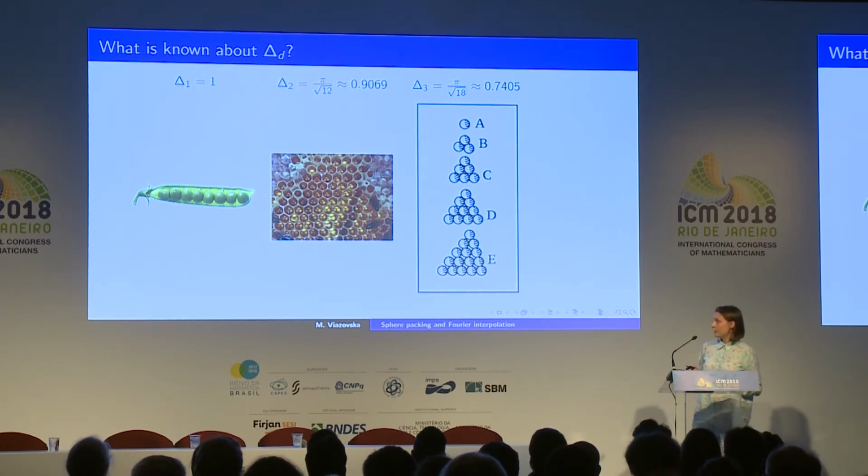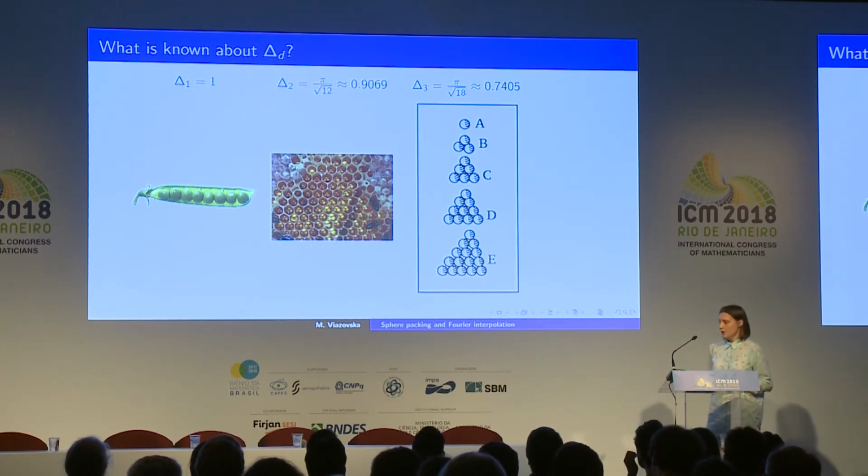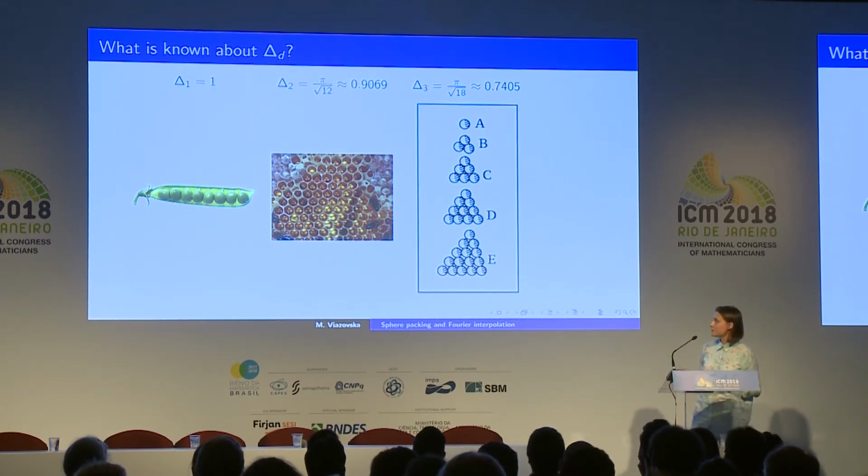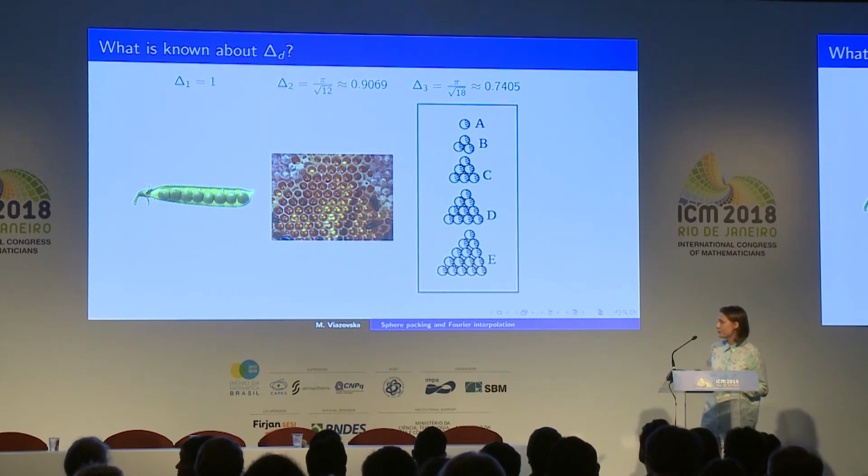Here we can cover more than 90% of a plane with unit disks. This is also a slide very similar to one you could have seen in the previous public lecture. So the bees know how to solve the packing problem in dimension 2. Mathematicians have also known it for a long time, and it has a quite nice elementary geometric solution.